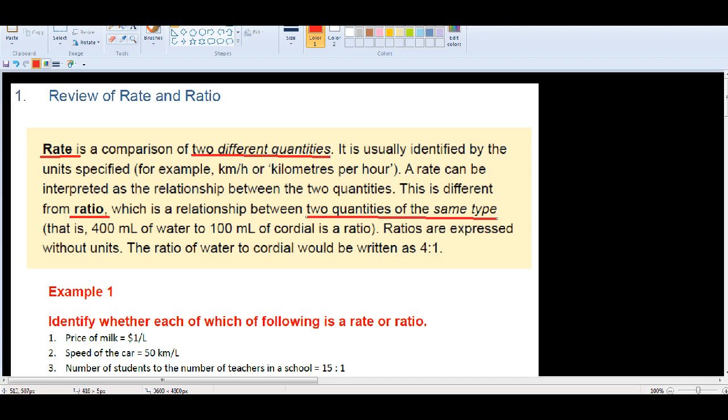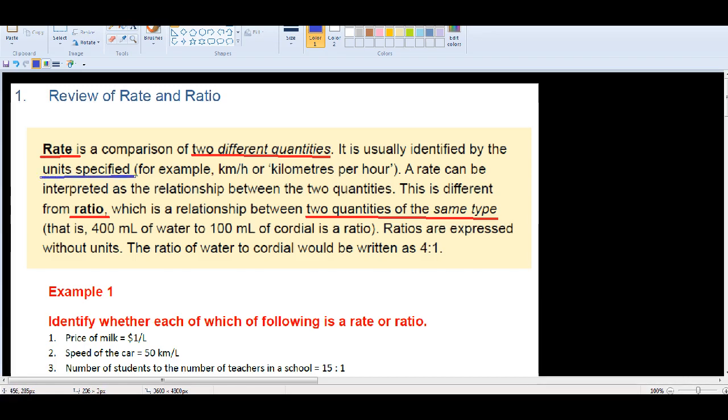So we are going to define what we mean by same type, and how we can identify whether a comparison of two numbers is a rate or a ratio. The simplest thing is to see whether they have units. Rates can normally be identified by the units specified.